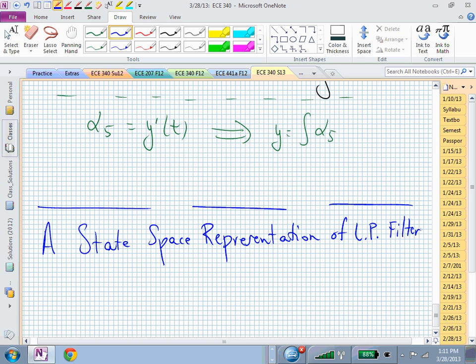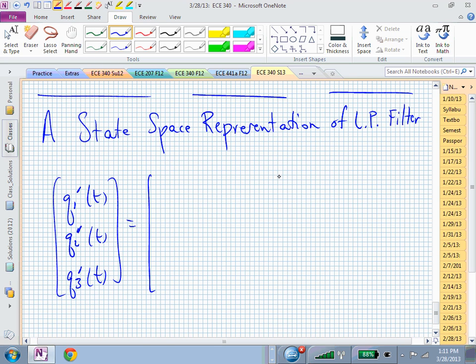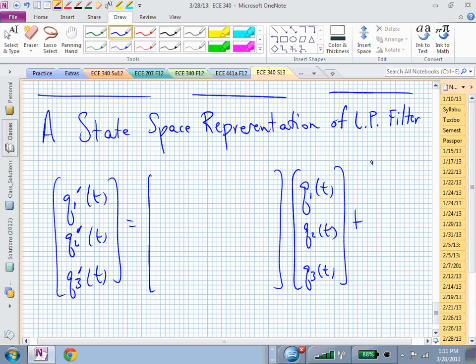And that's of this low-pass filter. There's the derivative vector. Then I have my A matrix, which is square, times the state vector, plus the input vector.